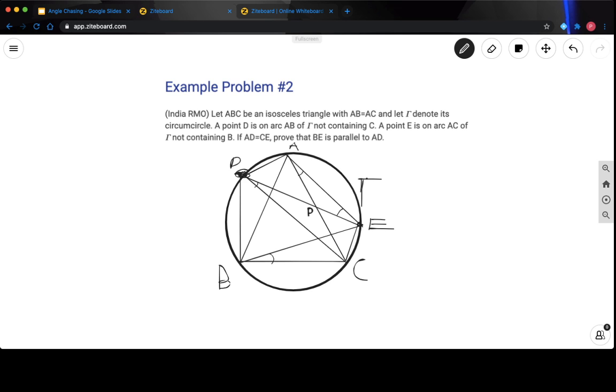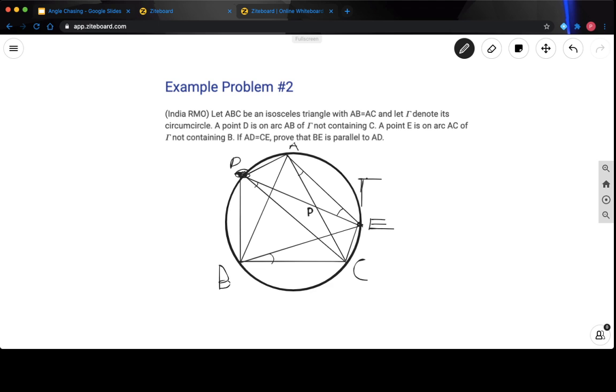So that's why all these four angles are congruent. But also notice that angle APE is equal to angle DPC, since they're just vertical angles. Then by angle-angle, triangle EAP is similar to triangle DCP.